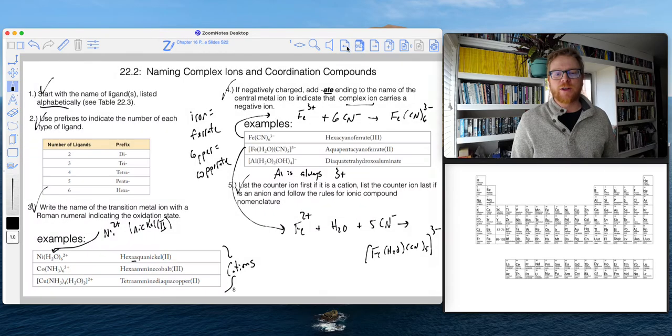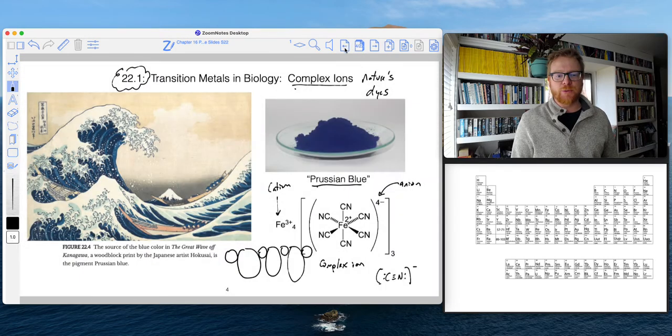And then the last one I want to do is back to this Prussian blue because this whole thing is really complicated, but that's okay. We can do it. So we recognize the first cation is iron, and specifically that's an iron 3. So I would first start by saying iron(III). And then now we've got 6 cyanides.